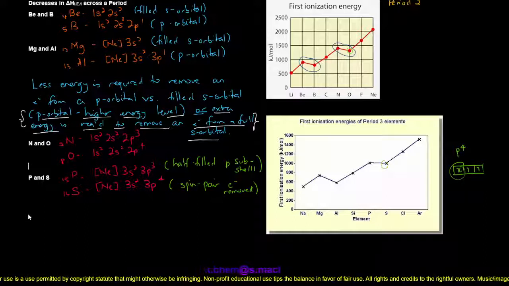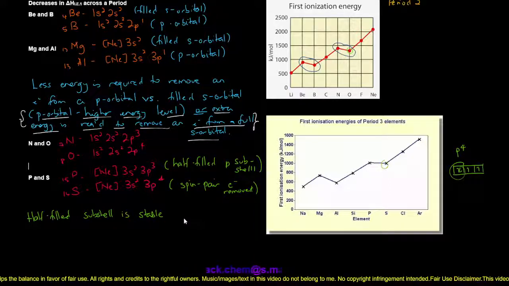We have already covered that half-filled or completely filled subshells are more stable than incompletely filled subshells. Right, so we can state our answer in 2 ways here, which is that a half-filled subshell is stable.